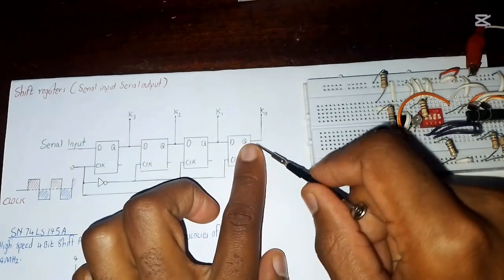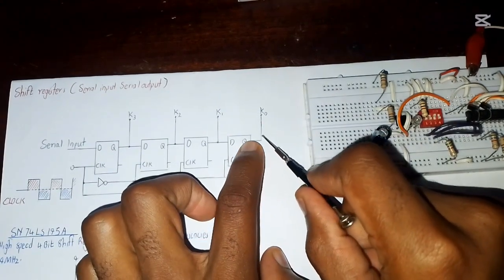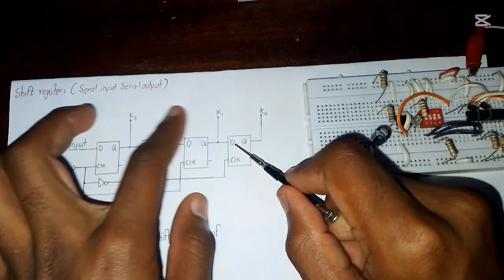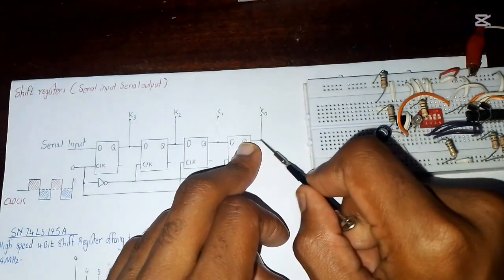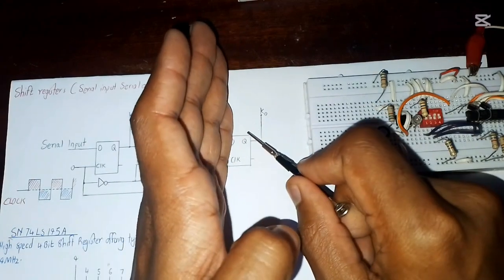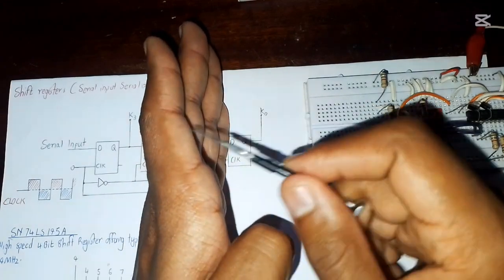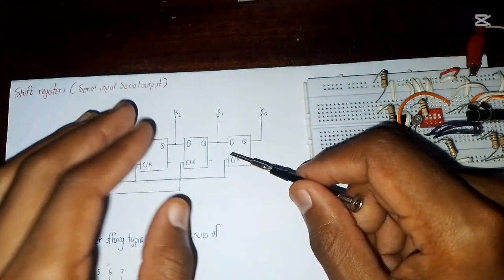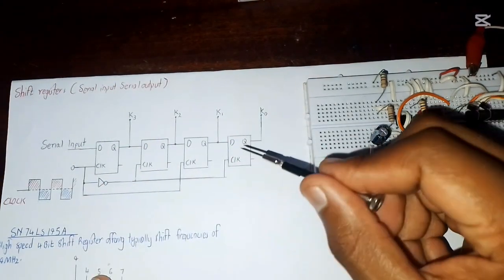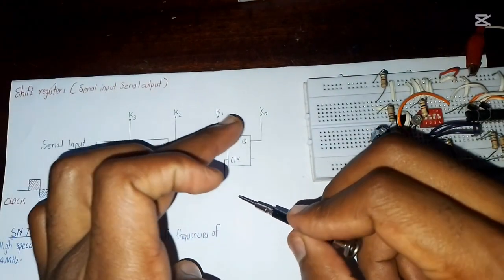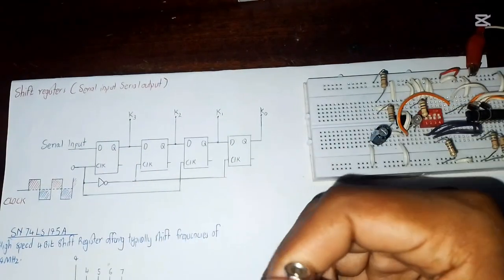In our circuit, you can just take your output right here, rather than from all of these, because the data is just going to shift until this point. So you can take your output only from this section, leaving all the others. But because I want to show you how data shifts from one flip-flop to another, I'm going to connect my output lines to those different flip-flops.